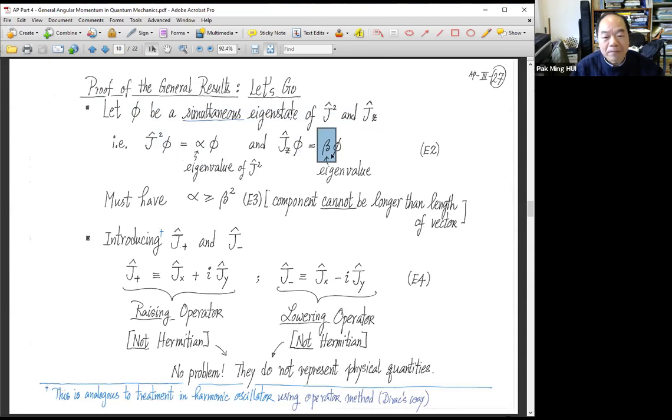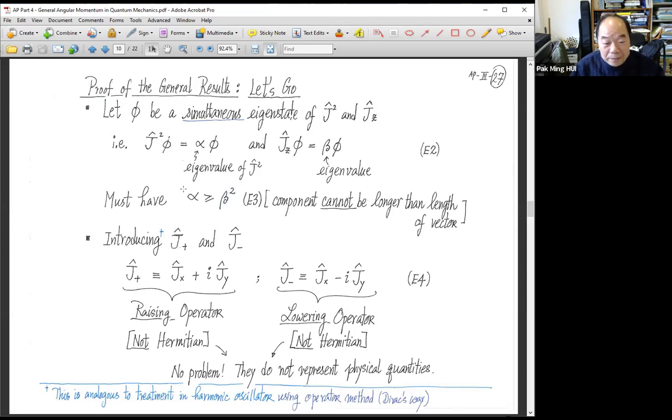The first thing you know by physics is that the magnitude of the vector must be longer than the Z component. Because this is square, therefore, alpha must be bigger than beta square.